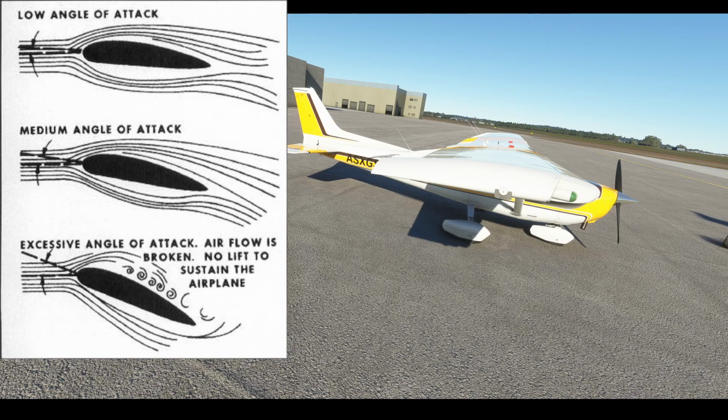But when our angle of attack is in excess for the speed that we're going, then we start seeing some trouble. See how the airflow on the bottom smooths out, and then we start getting these little currents on the top of the wing, and those currents destroy the wing's ability to generate lift, right? If we destroy the wing's ability to generate lift, then we will start falling like a rock. So that is what stalling is.